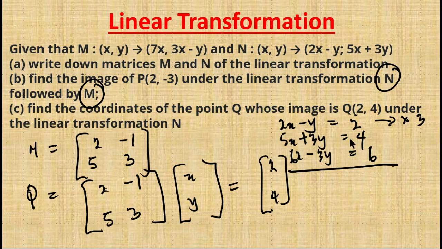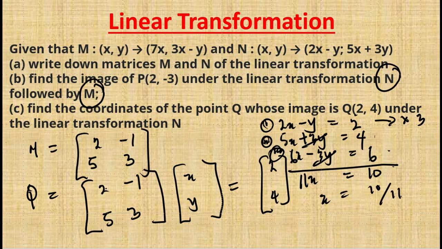I'll call this my equation 1, this is my equation 2, and this is my equation 3. Now if I add equation 2 to equation 3, plus 3y and minus 3y cancel, giving 5x plus 6x, that's 11x, is equals to 10. Invariably, x is equals to 10 over 11.